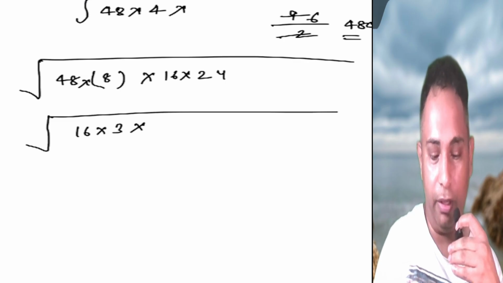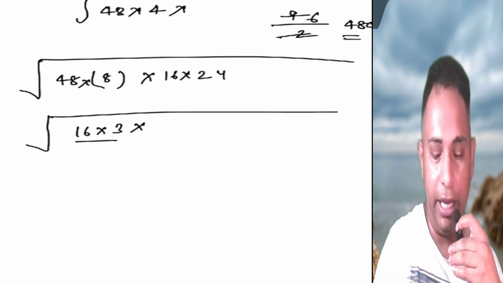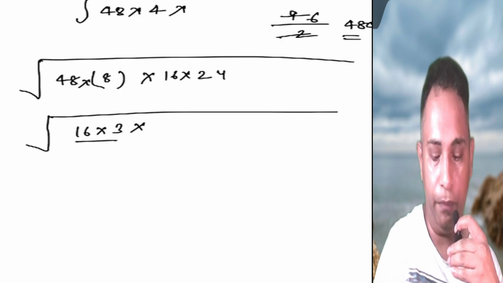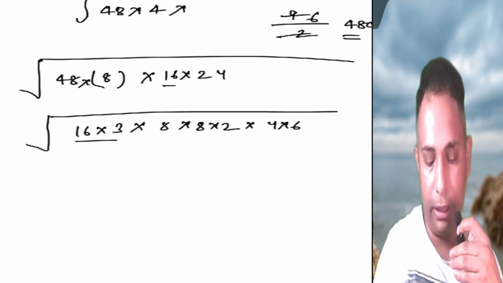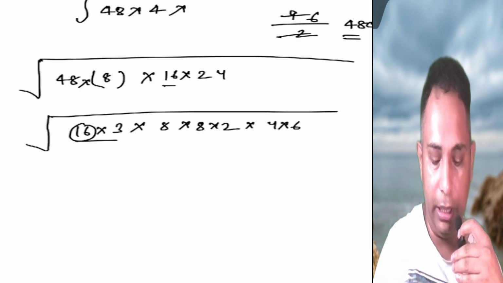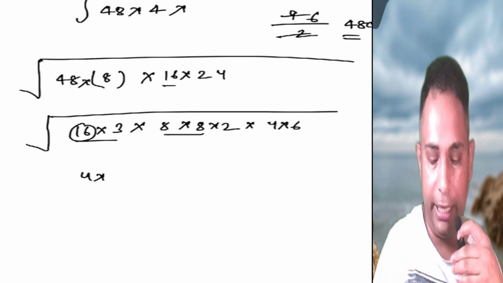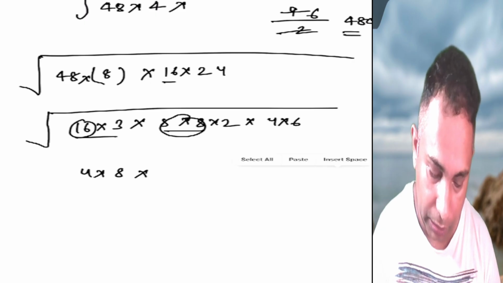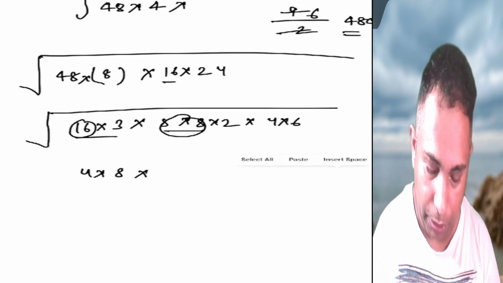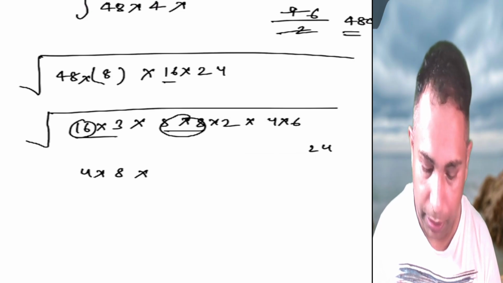No issue. 8 can be written as 8, 16 I can write as 8 into 2, and 24 we can write as 4 into 6 maybe. 16 will come out as 4. 8 into 8 will come out as 8. Now what is left over? 3 into 2 into 4 into 6. So 3 2 is 6, 6 4 is 24, 24 into 6.